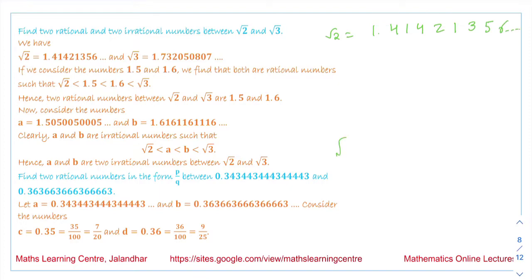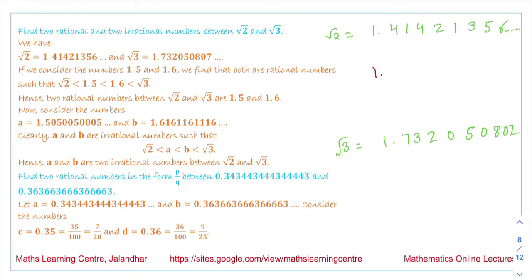And square root 3 is 1.7320508007 and so on. We have to write a number between these two. First we write irrational numbers. 1 is the same in both cases, so it should be 1 over here.